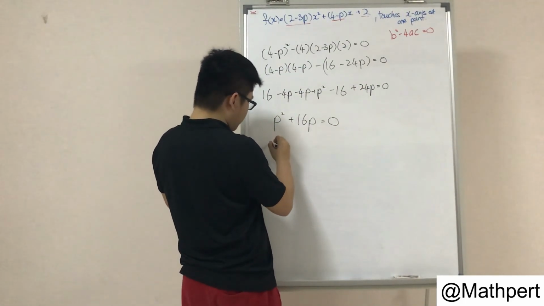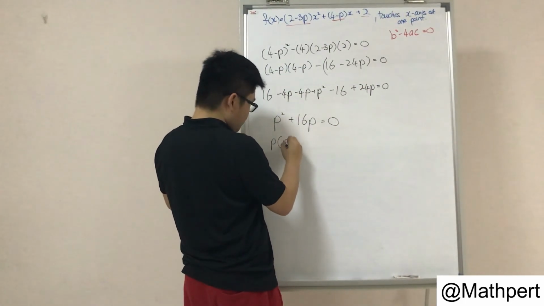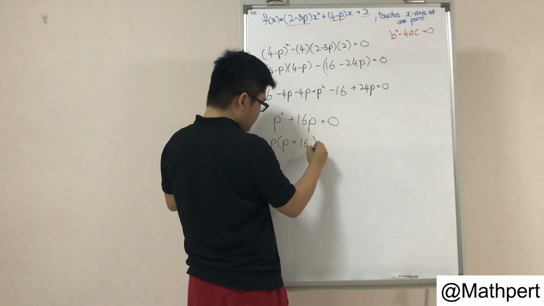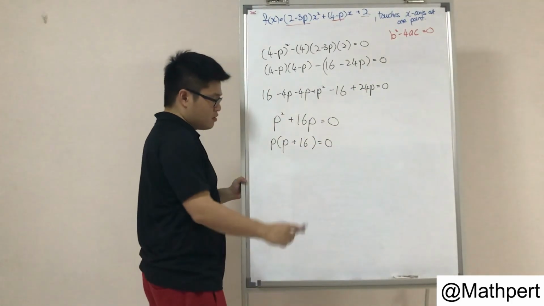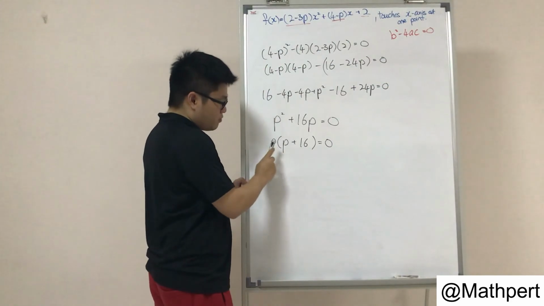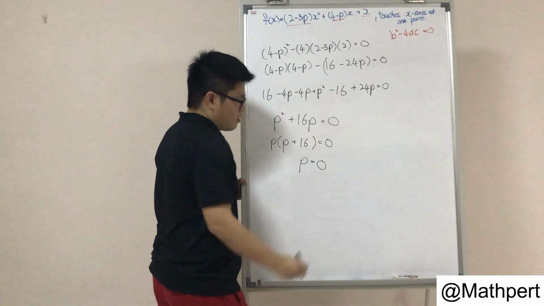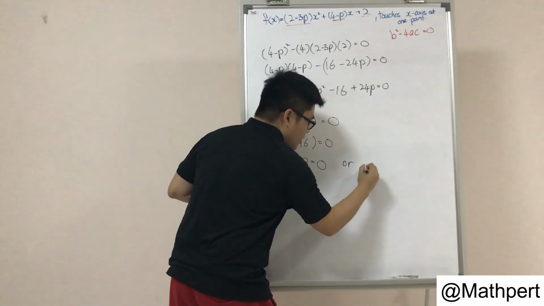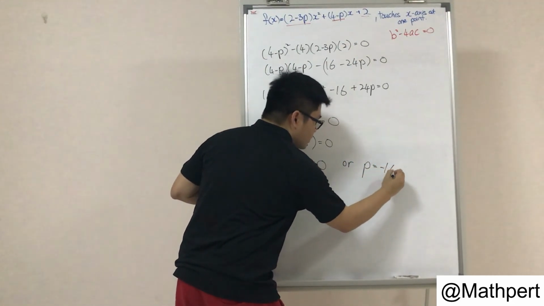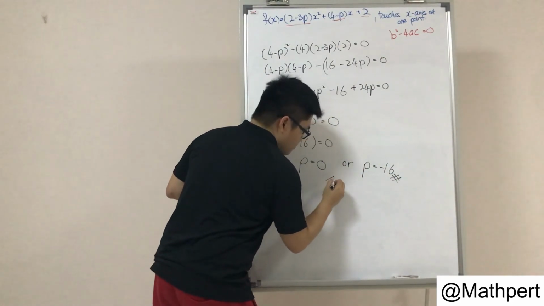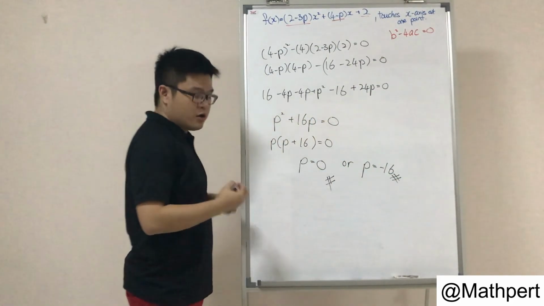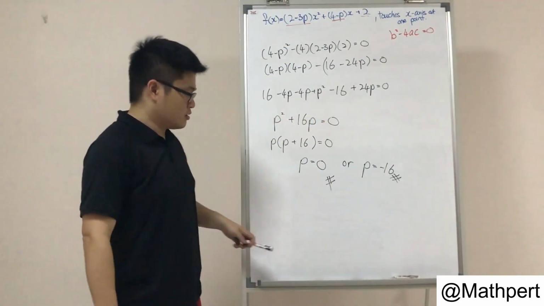So take out the p: p times p plus 16 equals 0. So p is equal to 0 or p is equal to negative 16. So p has two values in this question.